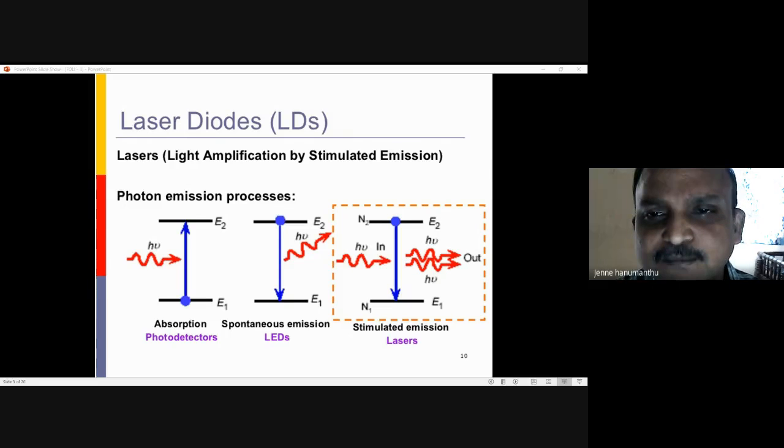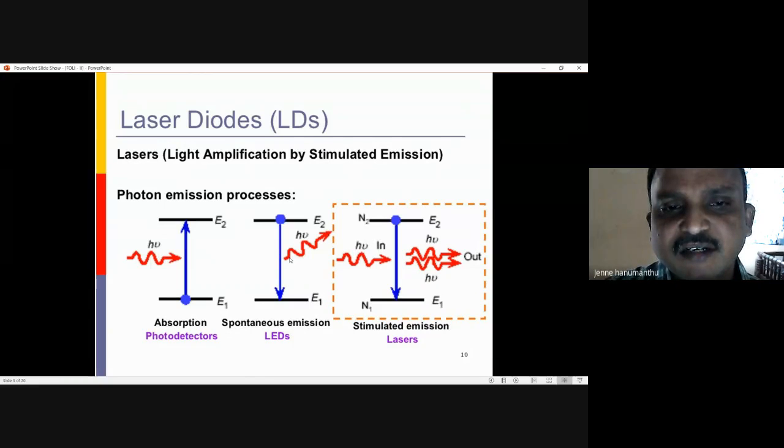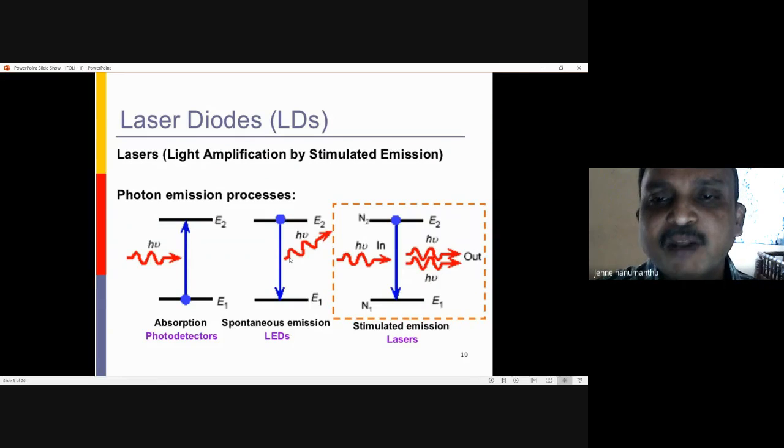Atoms have a number of energy states, like energy state 1, energy state 2, like this. There are a number of energy states within the atom.